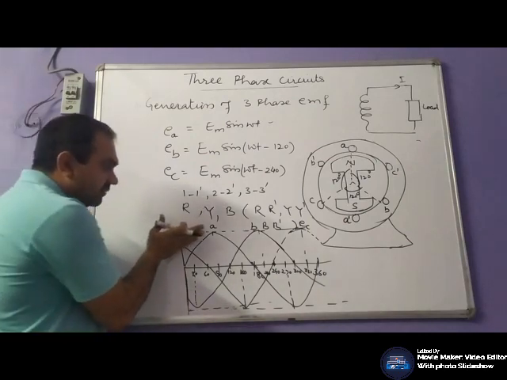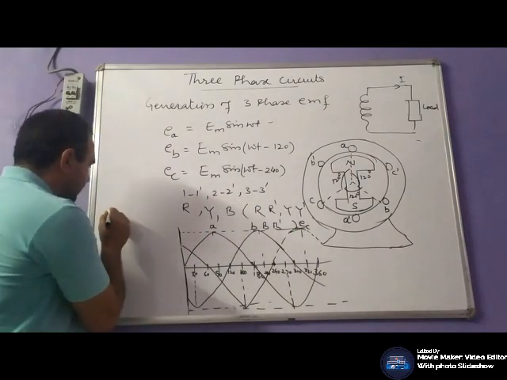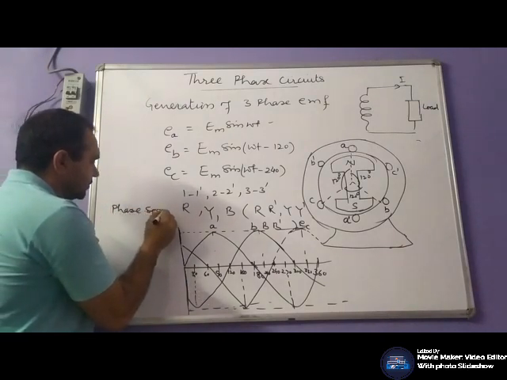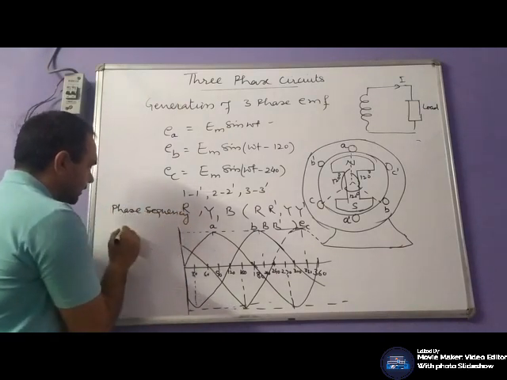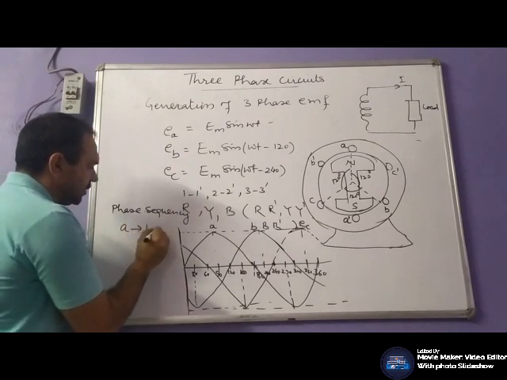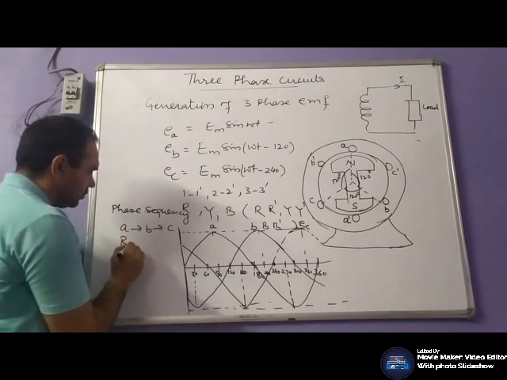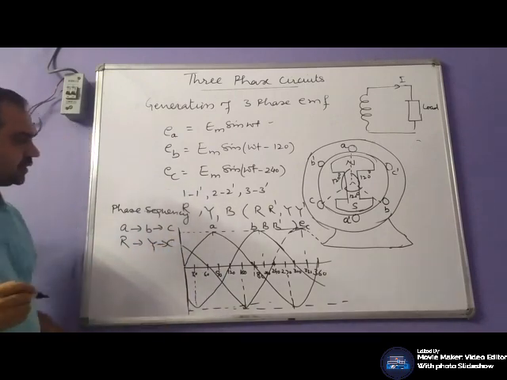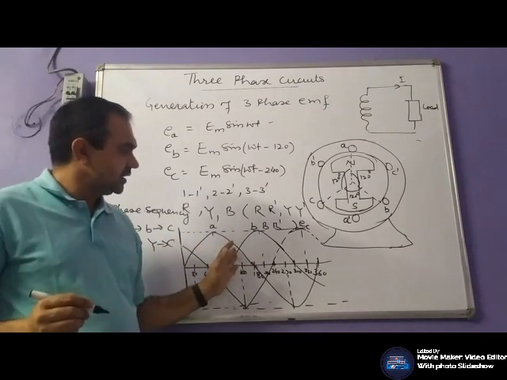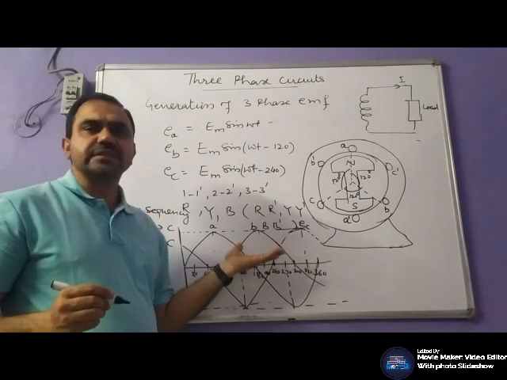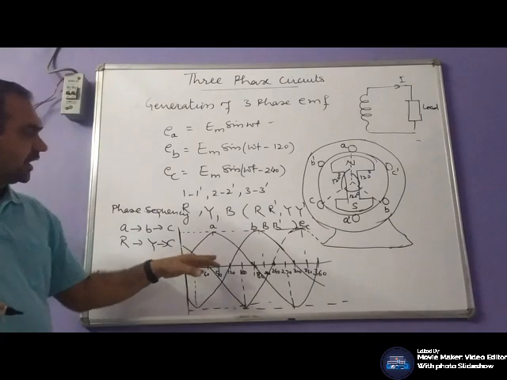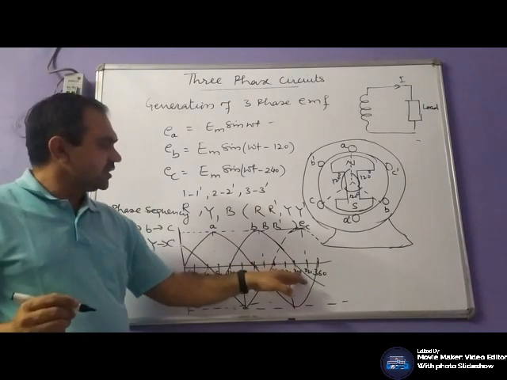And the normal phase sequence, another term generally used, is A, B, C or R, Y, B. We can change the phase sequence simply by reversing the direction of rotation.